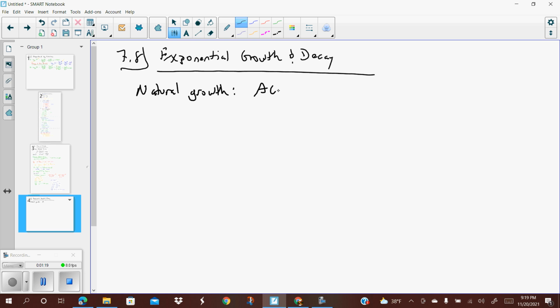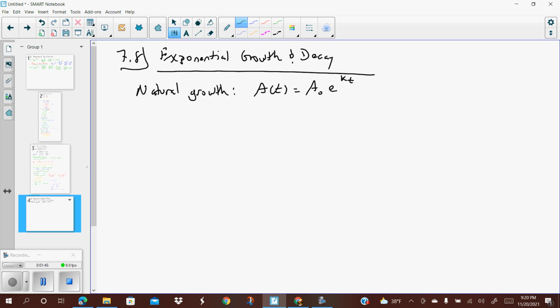The equation is A of t, not A times t, that's A of t, it's a function, equals A sub 0, sometimes said A naught, N-A-U-G-H-T, probably sounds more like N-O-T, but I believe it's N-A-U-G-H-T, e to the kt.